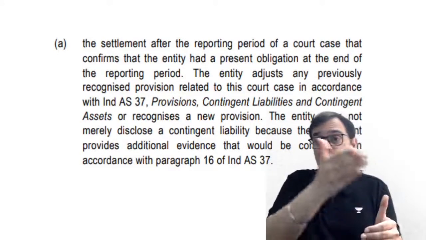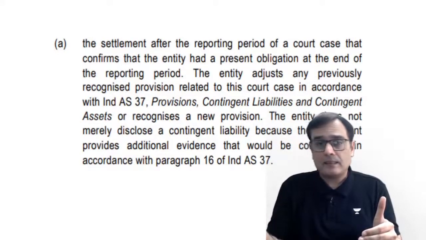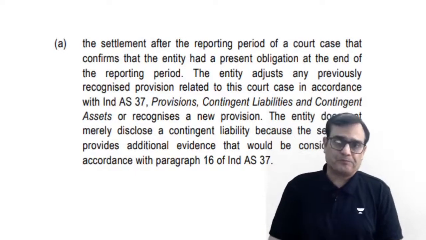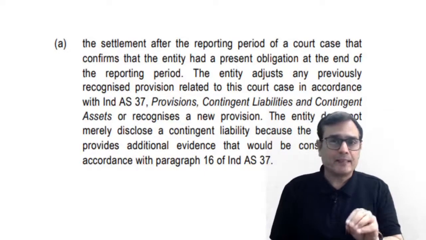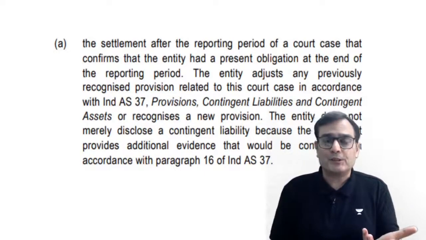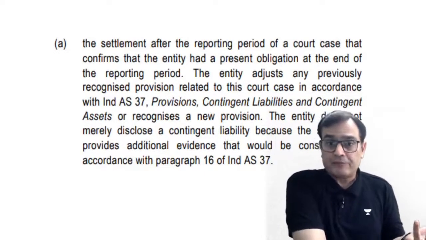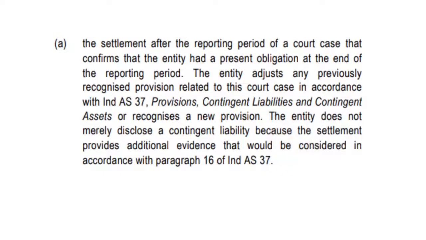Now, if the court case gets settled at a later date, you need to go back and create a provision. So it might amount to either adjusting a recognized provision or recognizing a new provision altogether. It further adds that the entity cannot merely disclose a contingent liability because settlement is additional evidence that would be considered in accordance with Ind AS 37.